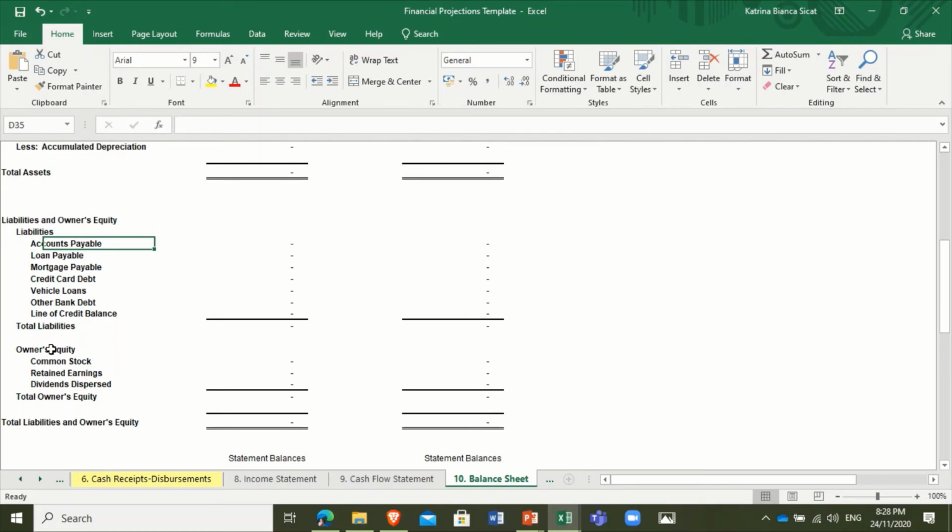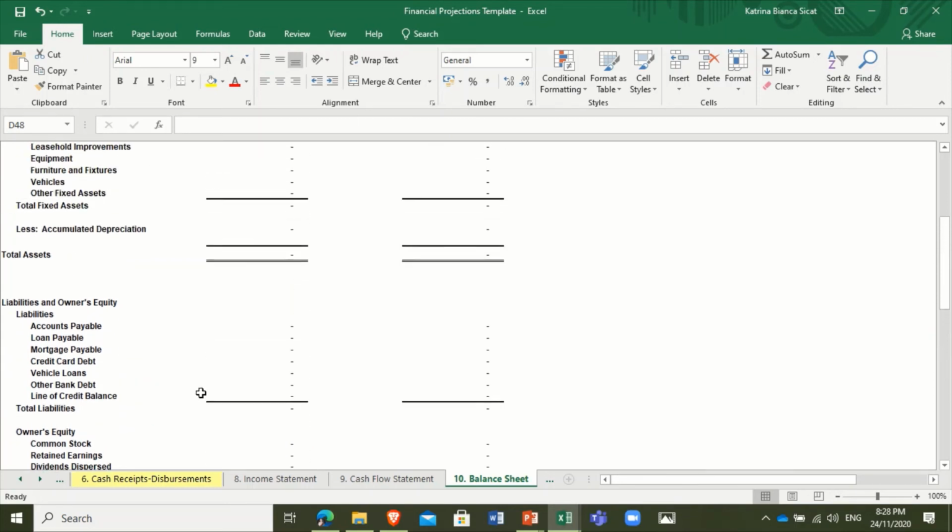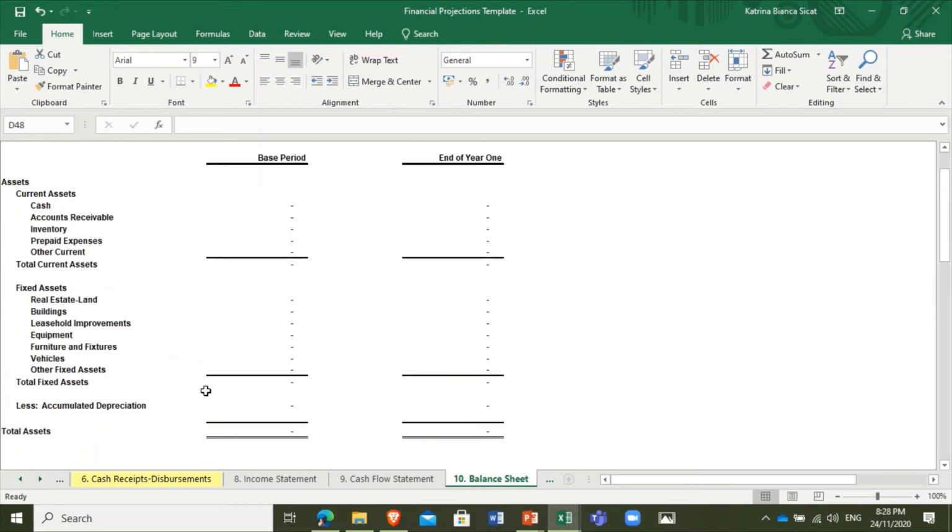So if there's only owner's equity, just let it be. It will also appear from the first part of the sheet; it will be reflected here.